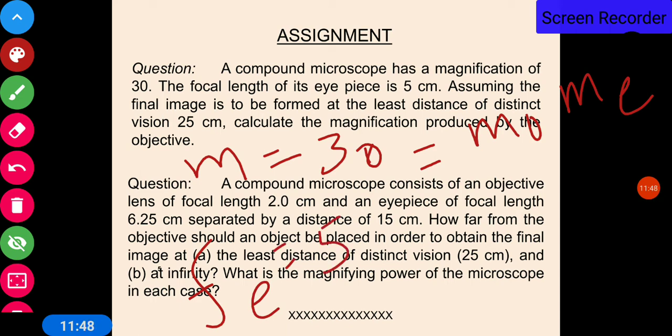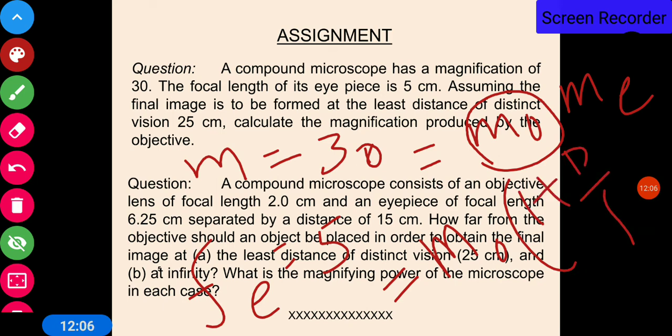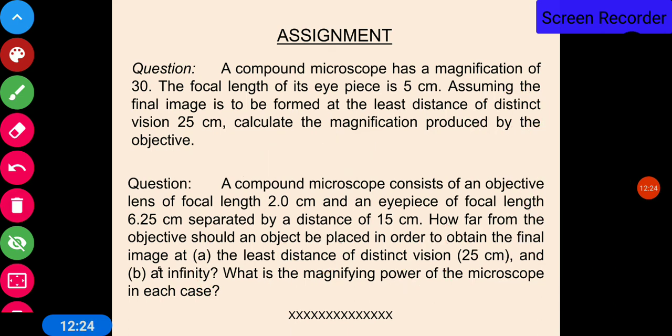Assuming the final image is to be formed at the least distance of distinct vision, that is 25 centimeter, we have to calculate the magnification produced by the objective. That means we have to find MO, so we will use the formula 1 plus D upon FE. D is equal to 25, FE is equal to 5. So this will reduce to 25 upon 5, that is 5, 5 plus 1, 6, and 6 into MO is equal to 30, so MO will be 5. So in this way we can solve the first question.